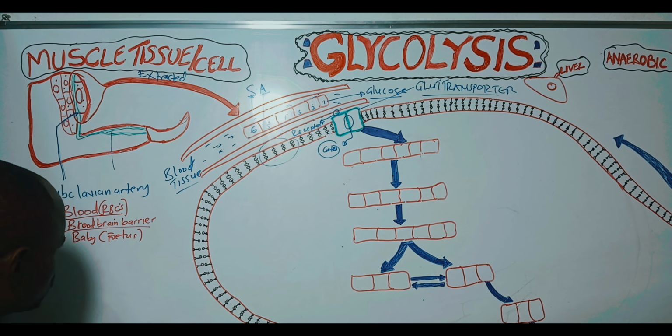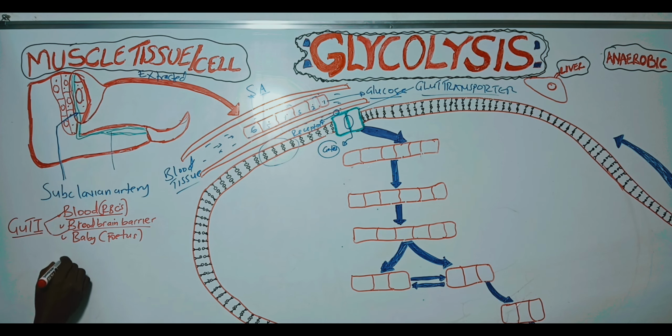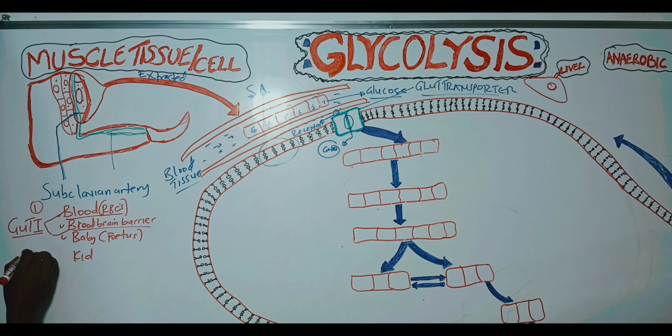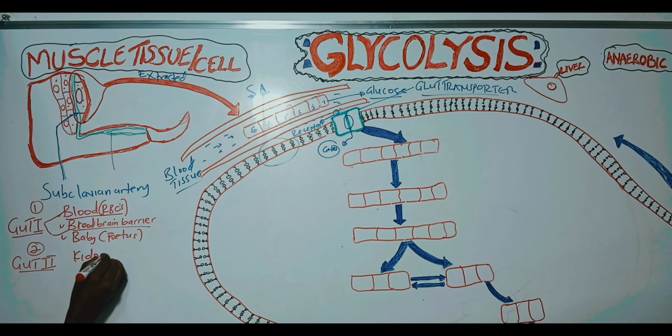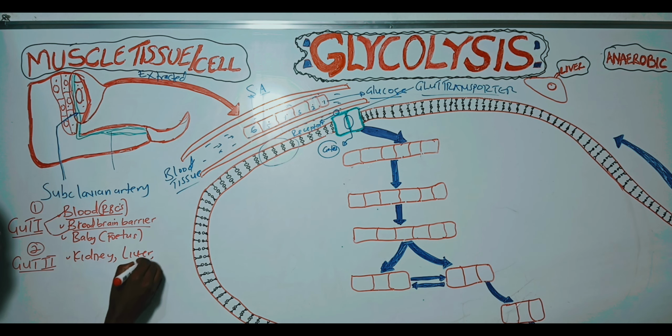So we also have the kidney. This is phase 1. I'm calling this one phase 1. We have phase 2 here, which is the GLUT 2 transporters. We have the kidney and the liver.